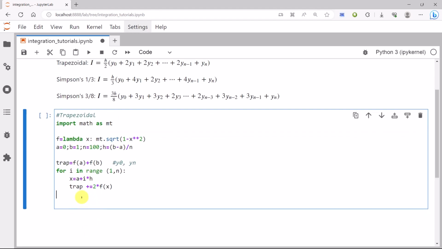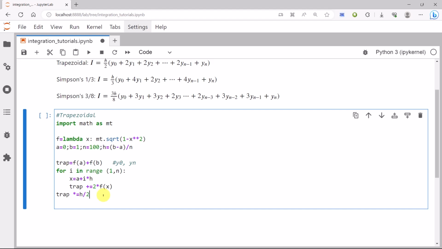Now I take this out of this bracket and I write s_trap is s_trap multiplied by h by 2. So maybe I can write like this, star equals h by 2. So star equals means s_trap equals s_trap multiplied by h by 2.